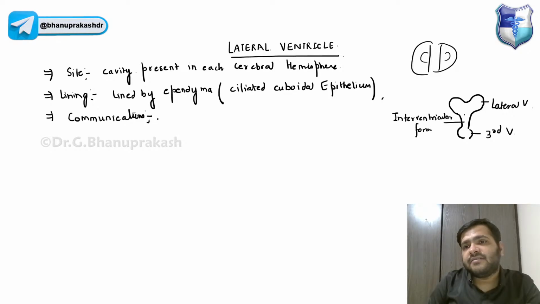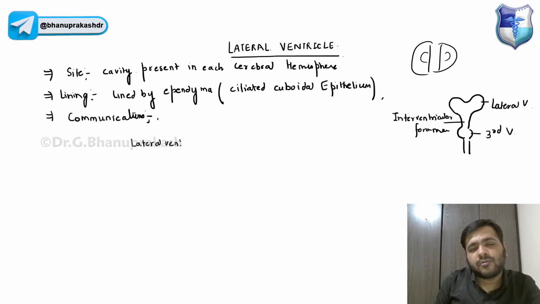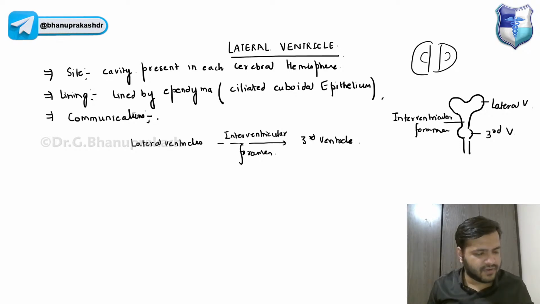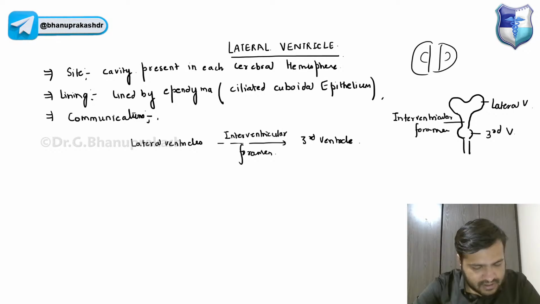Remember beta, lateral ventricles communicate to the third ventricle via the interventricular foramen, which lies in the anterior part of the medial wall of the lateral ventricle.